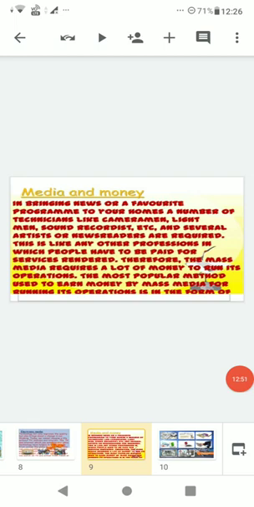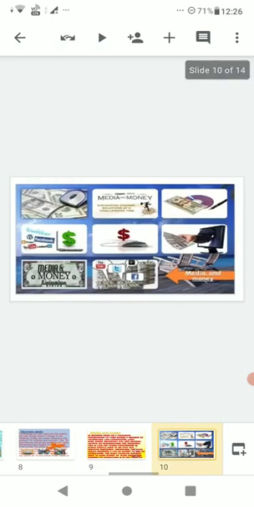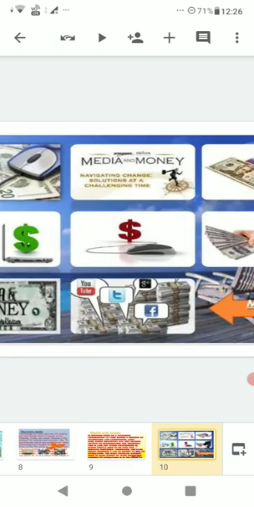So mass media earn money by advertising different things like cars, chocolates, clothes, mobile phones, etc. So they earn by advertising different things. So here, media and money.